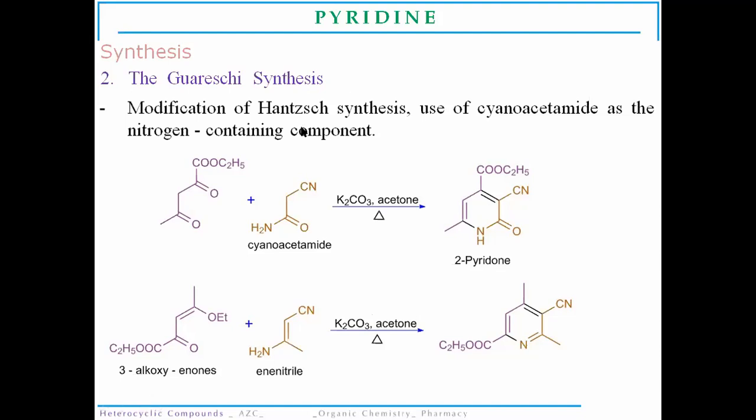In the case of the Hantzsch method, we have done a condensation of, first of all, ammonia with a beta carbonyl compound and formaldehyde with another fragment of beta carbonyl, because we are using two molecules of beta carbonyl compound.